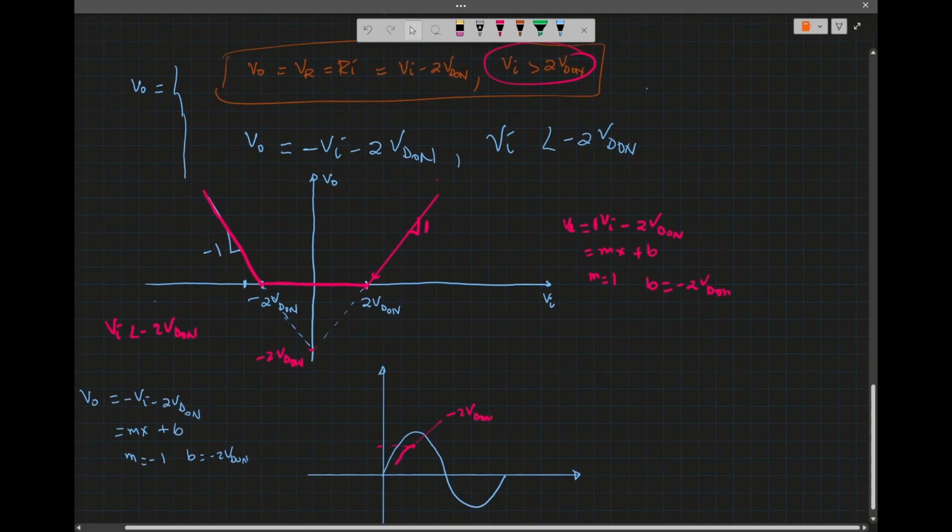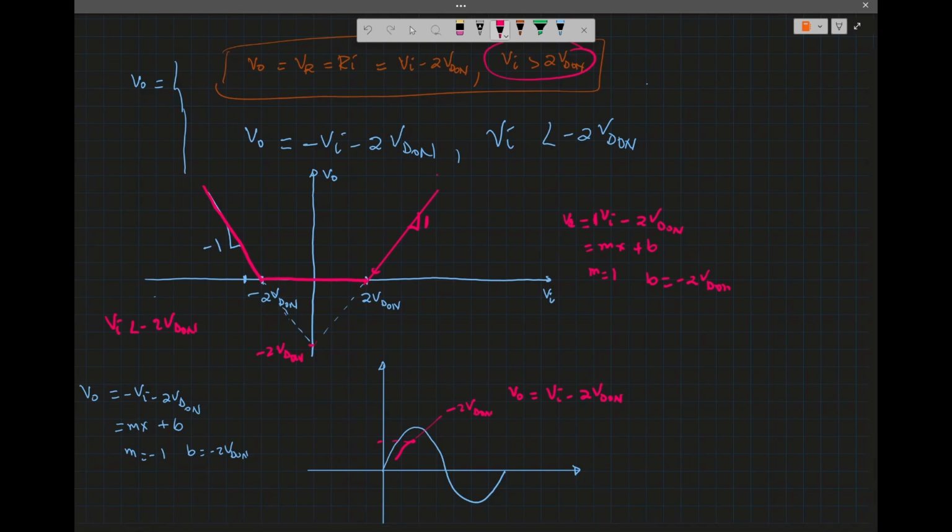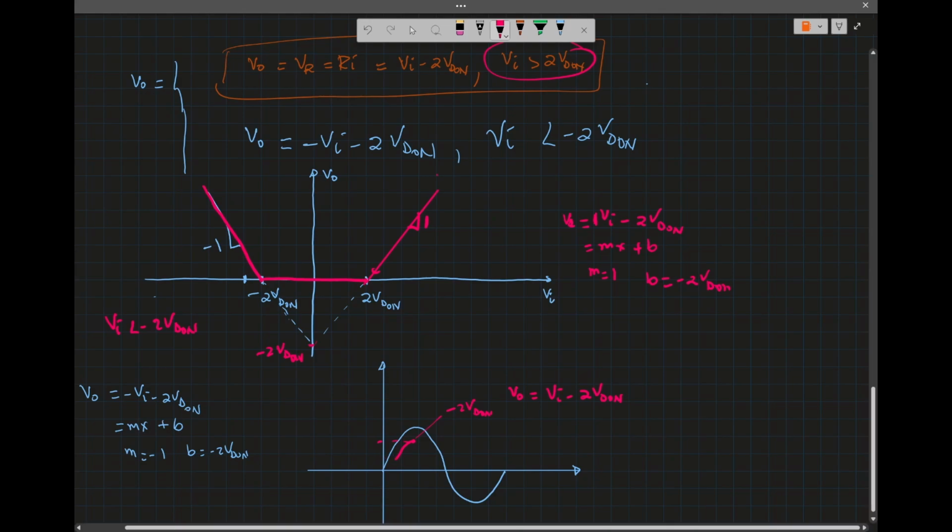For the first case, V0 equal to Vi minus 2 VD on. So when Vi equal to 2 VD on, then this is 0, right? So the graph starts from here, something like this and that.